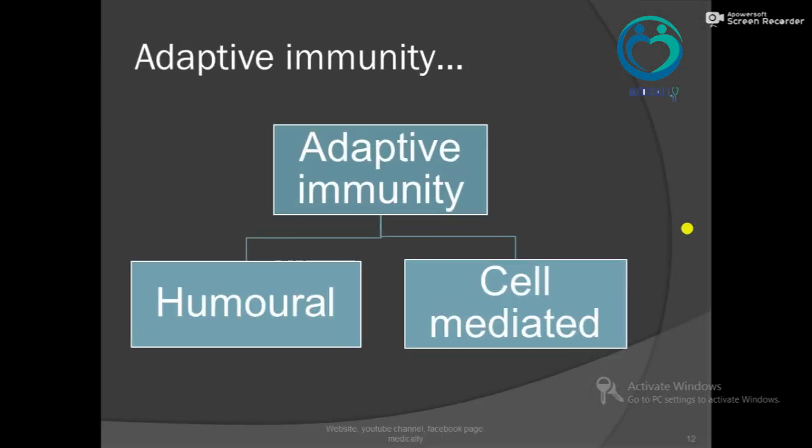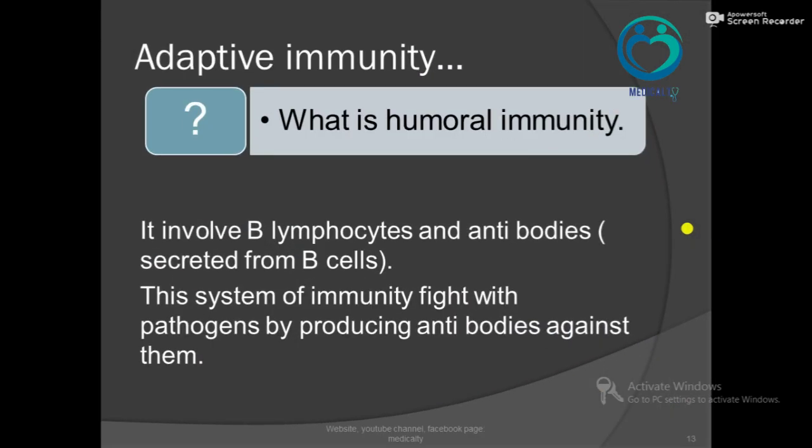It is sub-divided into humoral and cell-mediated. Humoral, as its name indicates, is always present in plasma. The humoral immunity involves B lymphocytes and the antibodies secreted by them.